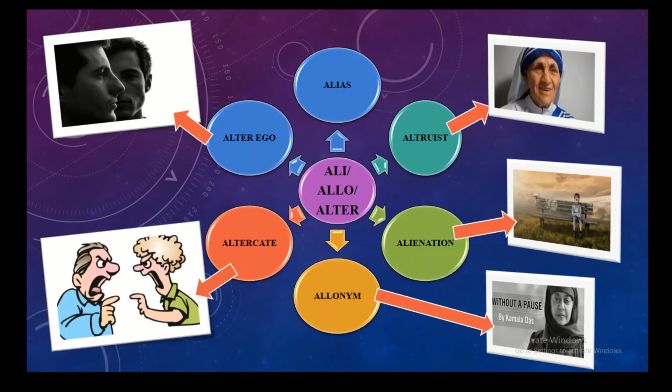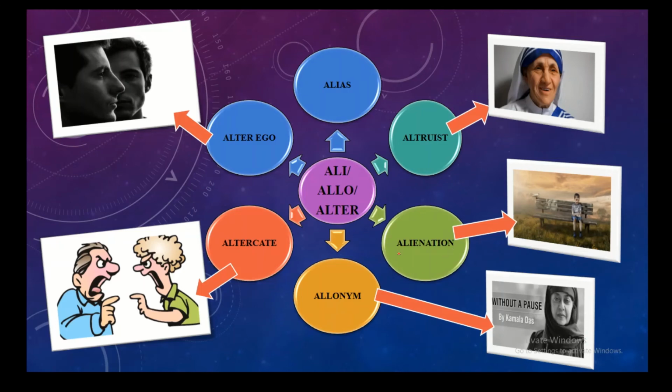She is Kamala Suraya, popularly known by her pen name Madhavi Kutti and married name Kamala Das. She was an Indian poet in English as well as an author in Malayalam also. Okay, so her pen name was Madhavi Kutti. Follow, that is allonym.